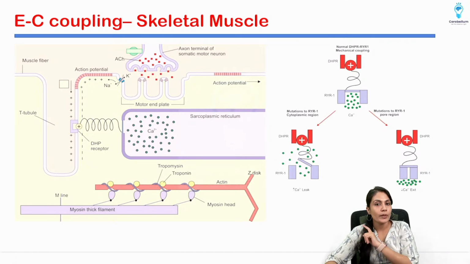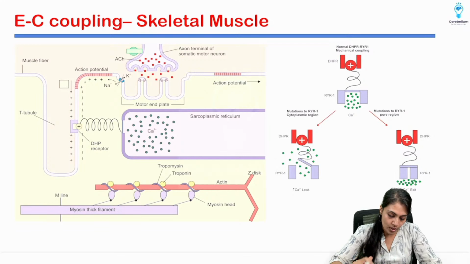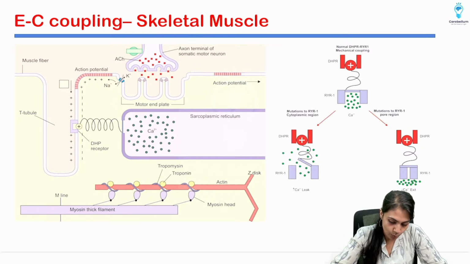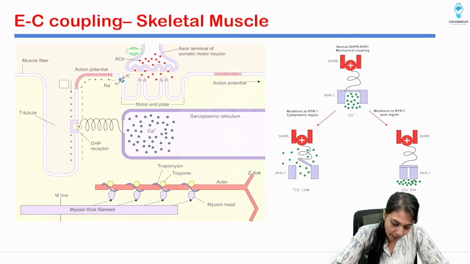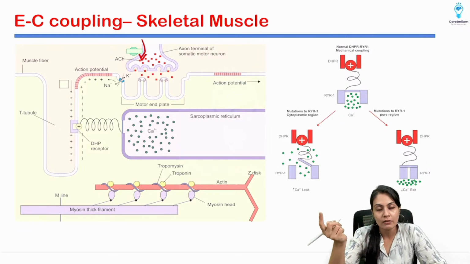See carefully over here. We are going to cover this topic, and contraction we will see tomorrow, right? So see what is going to happen. We have already discussed some steps: this is the nerve, so the action potential will hit the axon terminal, and the calcium channel will open.